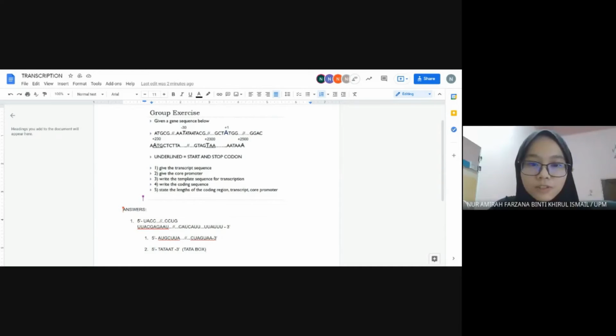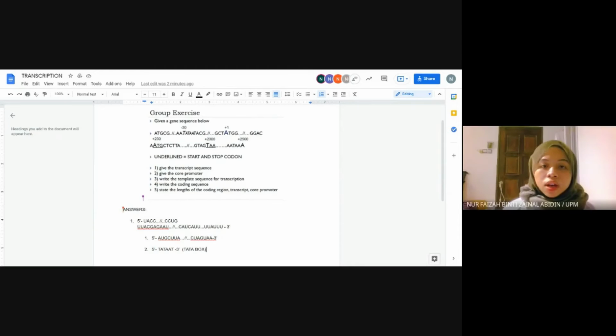Yes, I agree with FATIHAH too. Because I thought the start and stop codon is usually for translation, but for transcription we should start with +1. If you guys say so, I also think so.